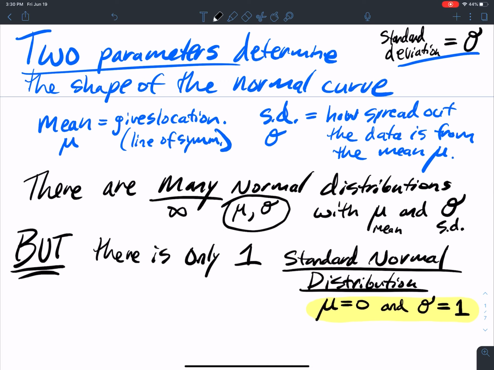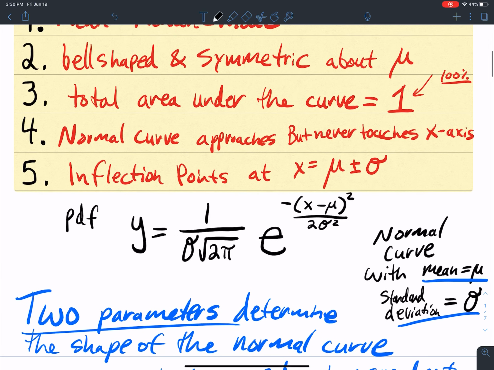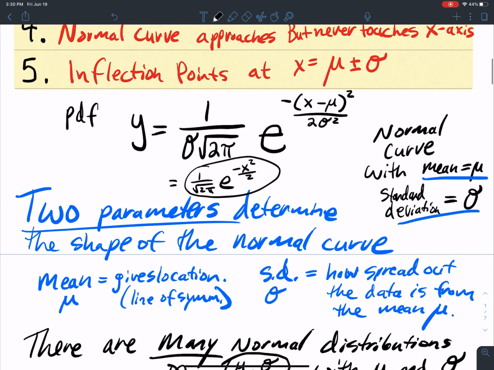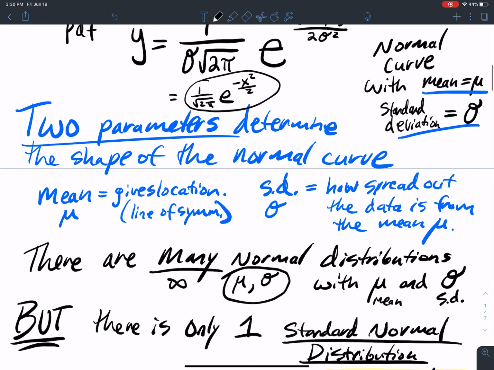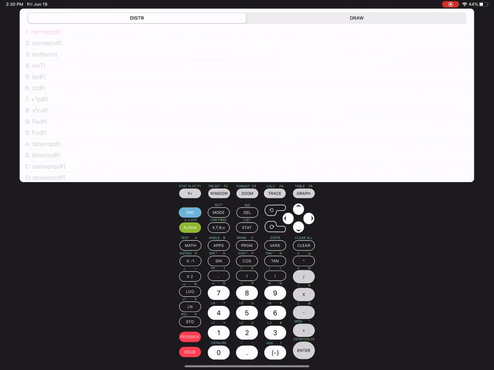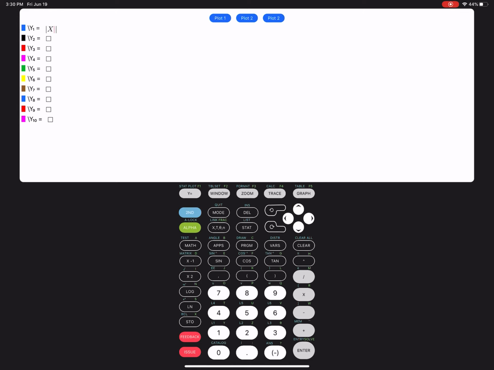So that really complicated formula that we had up here, what does it become? It becomes 1 over the square root of 2 pi e to the negative x squared over 2. Okay, so that formula simplifies a little bit. And if you graph that formula, so say I graph that.